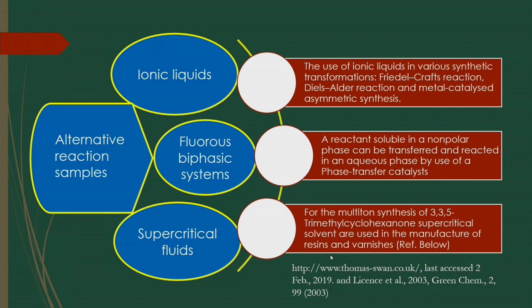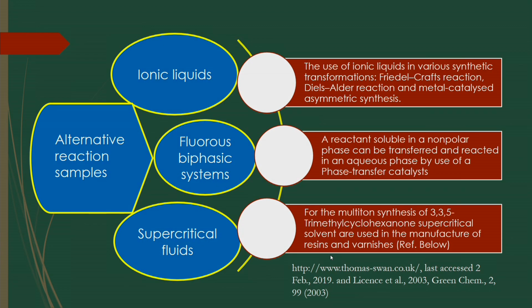Even nowadays the intensification of the process is being done based on the development of the fluid medium or other reacting substances, or the development of materials, like ionic liquids, one of the important solvents by which you can intensify the process.